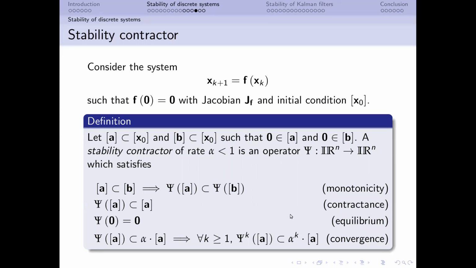So this is the definition of a stability contractor, a simple one, as we consider in this definition that the fixed point is always zero. Of course, this can be extended to fixed points different than zero, but we'll keep the problem simple for the moment. So basically, these two equations are the basic definition of a contractor, and the two other equations actually implement the stability constraint for the contractor.